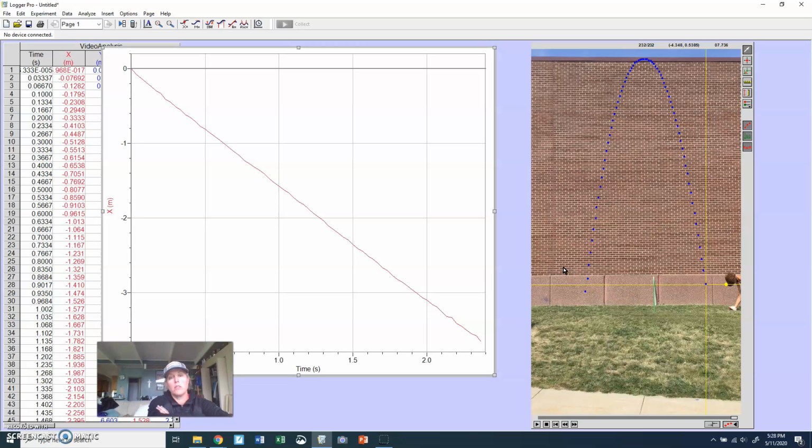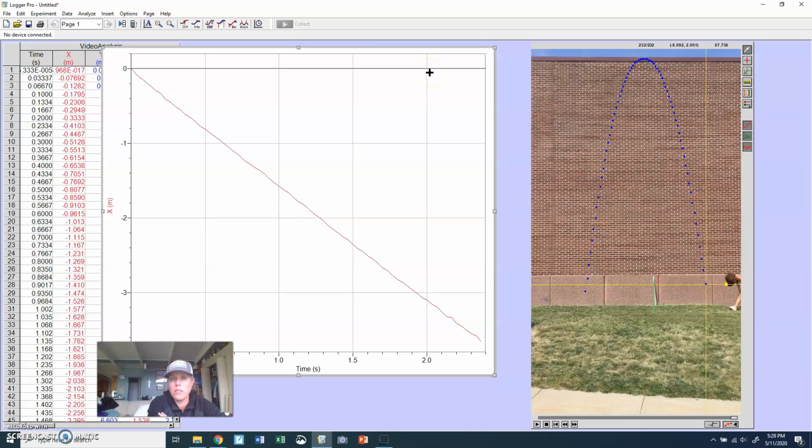Now what I want you to do is, it's basically separated this motion. It's looking at the motion in the x direction, horizontally, what its horizontal motion looks like, and then we're going to look at the motion in the y direction. So we're going to just look at the y values. So horizontally, what's this telling me? You've got a position versus time graph.